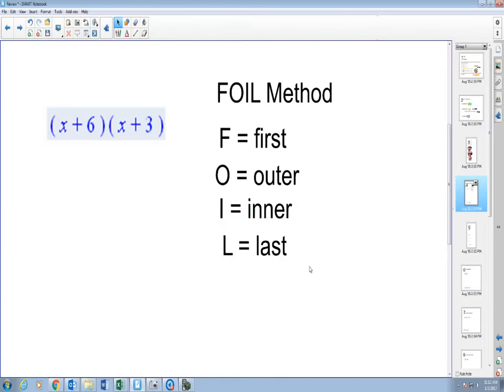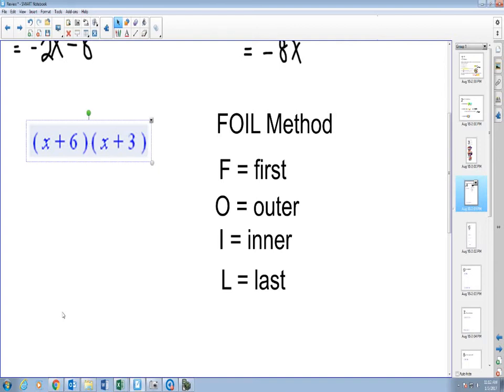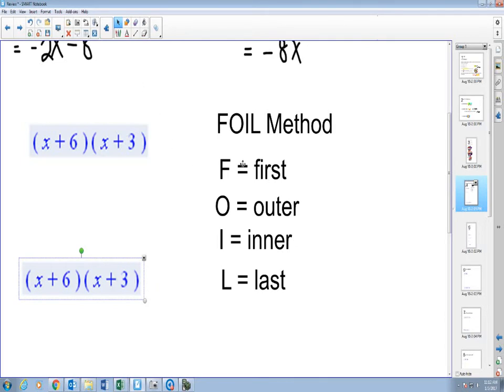All right, so it turns out I'm going to show you where the wording FOIL method comes from by doing another problem right below it. Technically speaking, the FOIL method is basically a distribution with two different terms on the same thing.